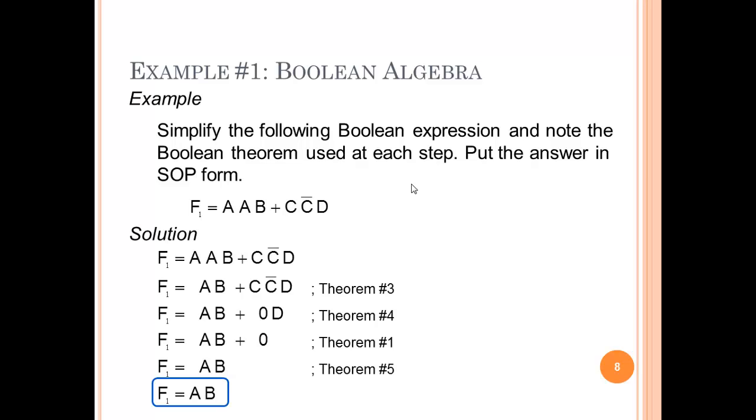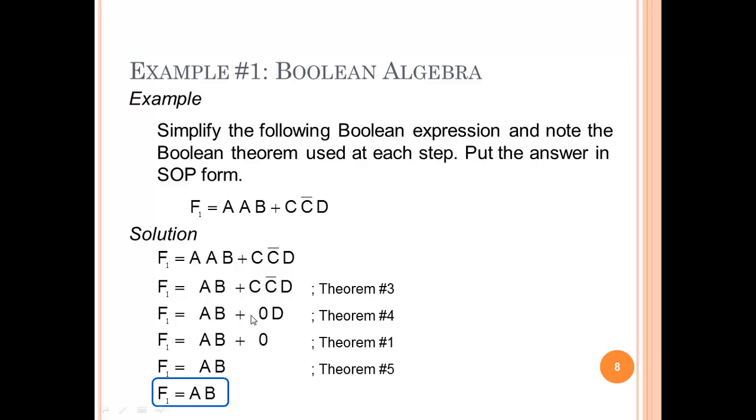So here's the solution. All right, we start with A and B. Well, we said A and A was the same as A. So that means this first term becomes A and B. All right? So what did we say about the next term, C and not C? Well, one of those is 1, the other one is 0, so that's going to be 0.